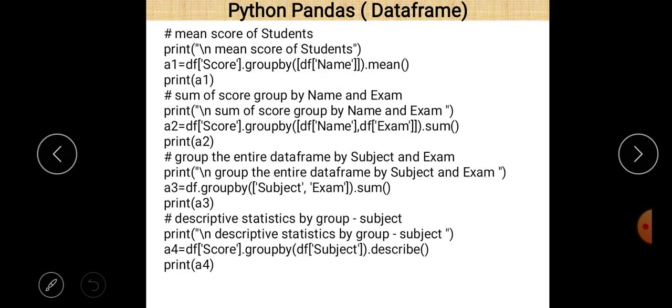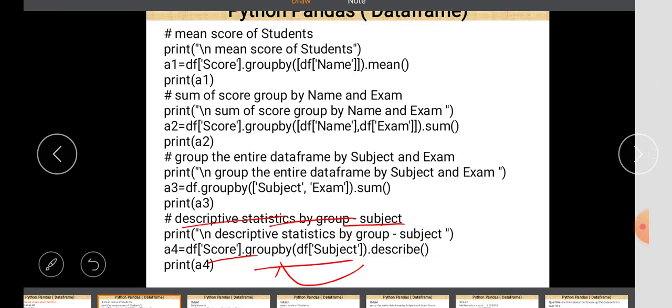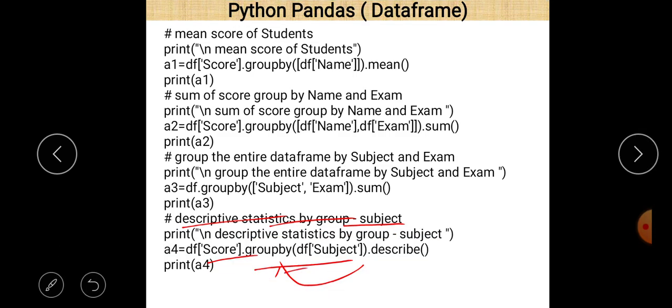Because we just give here descriptive statistics by group subject, and DF score group by subject. So the group is formed on the basis of subject here, and then describe.